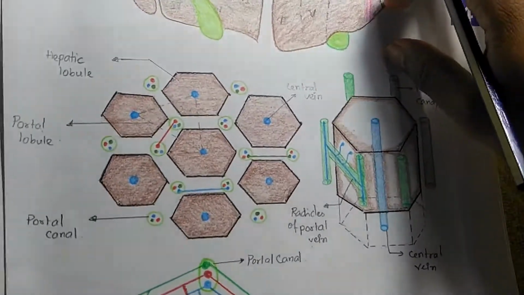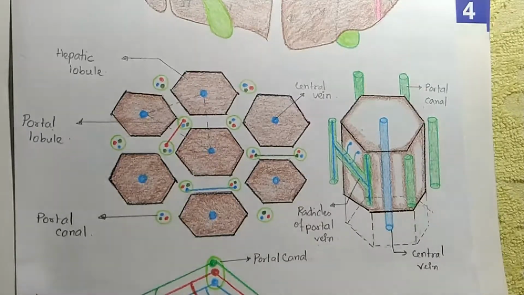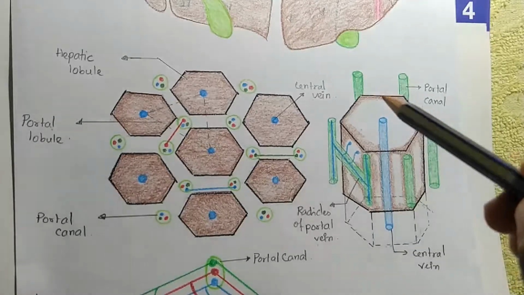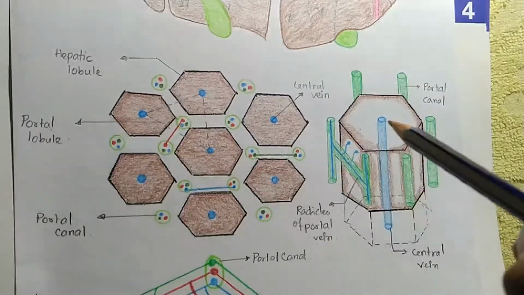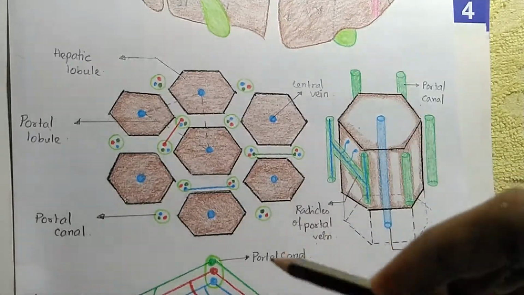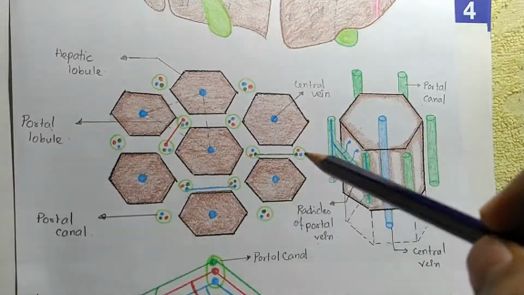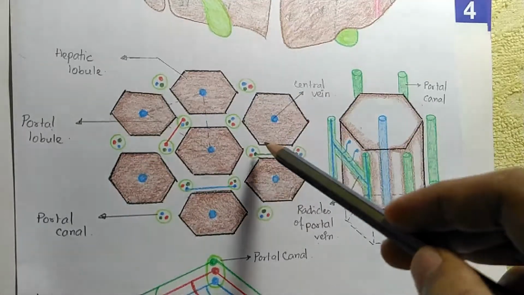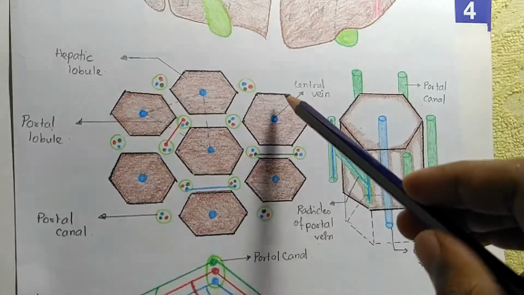Now the histology, that is, the histological structure of the liver. Histologically, the liver is composed of hepatocytes. These are the hepatocytes. They are hexagonal in shape, that means they have 6 surfaces, 1, 2, 3, 4, 5, 6.